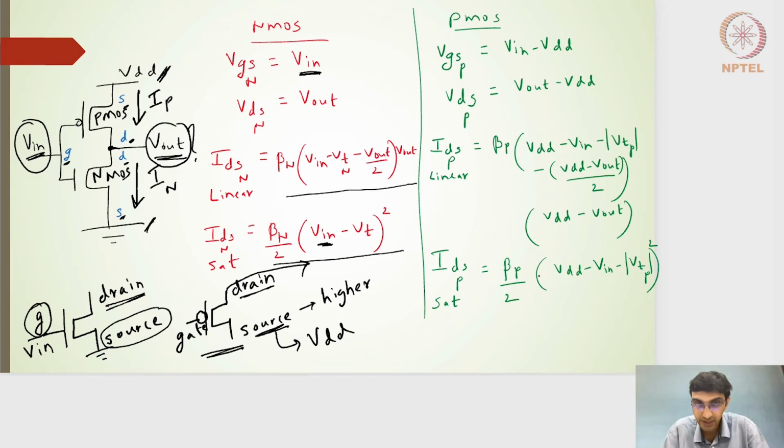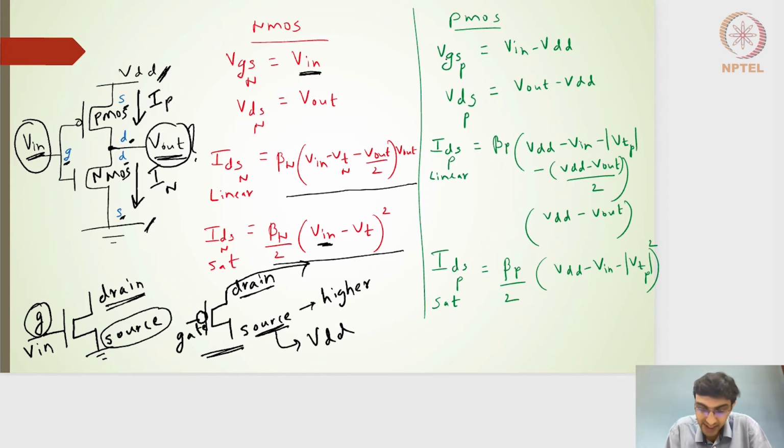If I can somehow replace those variables of VGS and VDS in terms of V input and V output, then I will have both these currents, PMOS and NMOS currents, expressed as a function of V input and V output. So that's what I want.